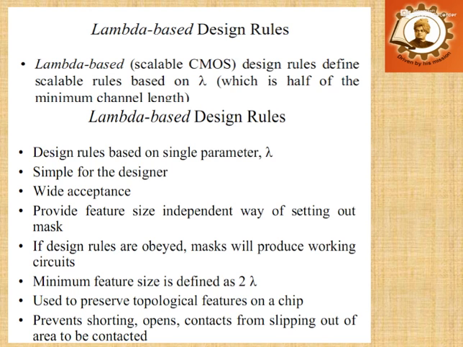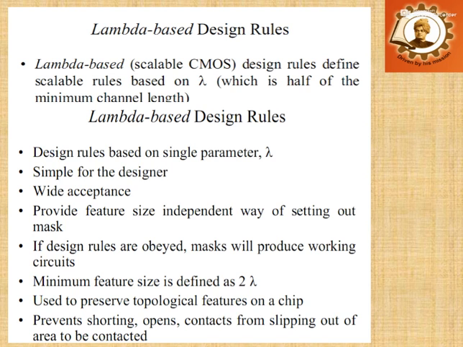Micron rules are tuned to a specific process technology, but lambda rules are generic for all process technologies. For each new process, the rules must be regenerated in the case of micron rules. But in lambda rules, for each new process technology, lambda is reduced, keeping the rules the same.